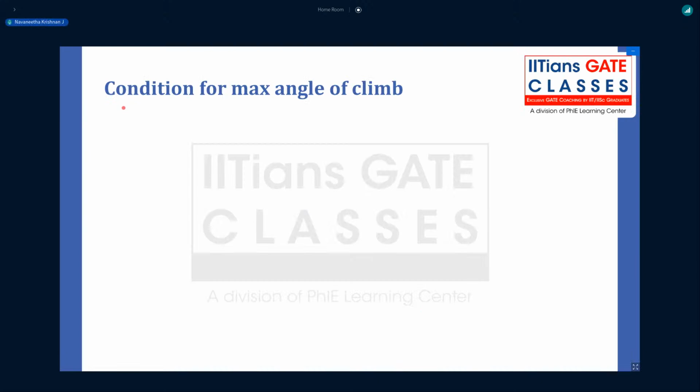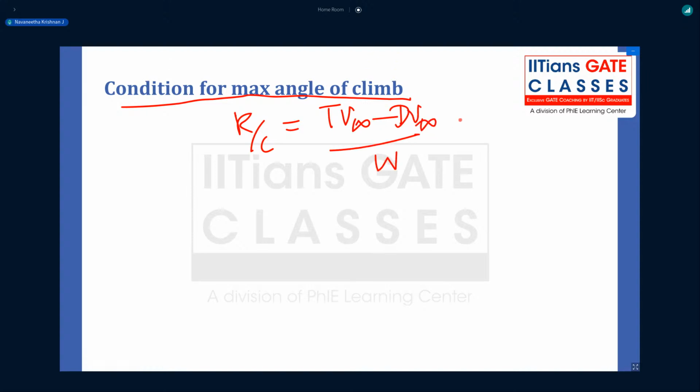Next, we'll derive the condition for maximum angle of climb during flight. So I'll take the first. Rate of climb is nothing but thrust into velocity minus drag into velocity divided by weight. What is rate of climb?